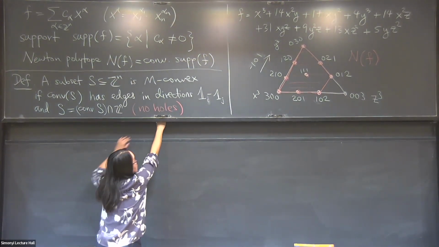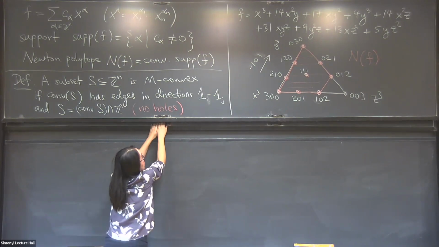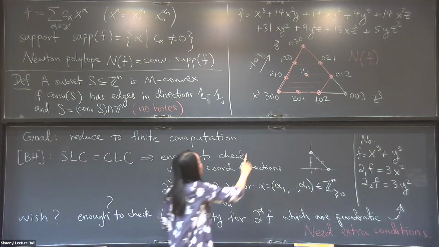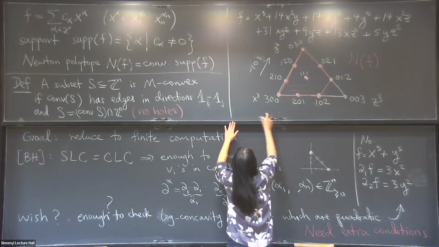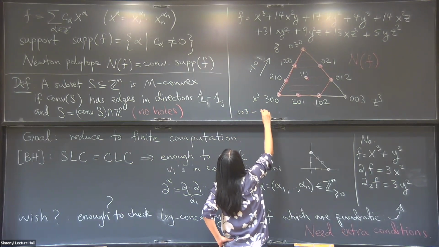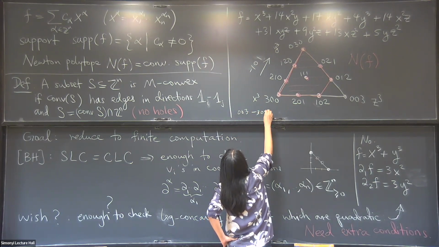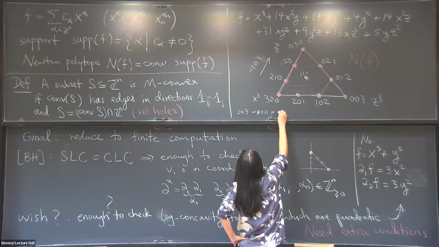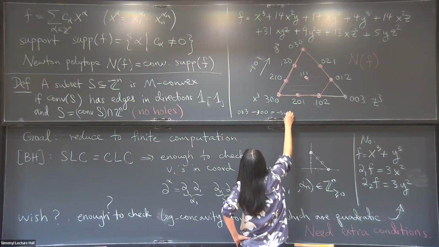Why is that (-1,0,1)? Because the point up there is (0,0,3) minus the point down here is (3,0,0). So it is (-3,0,3).